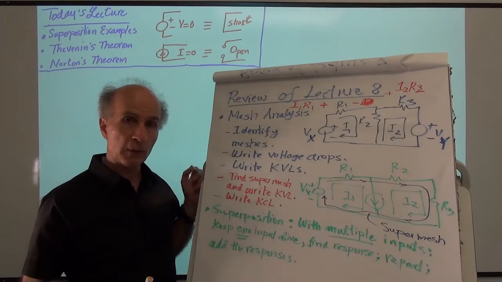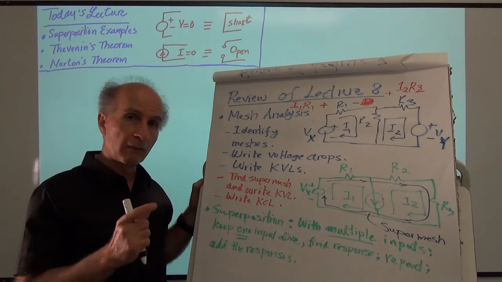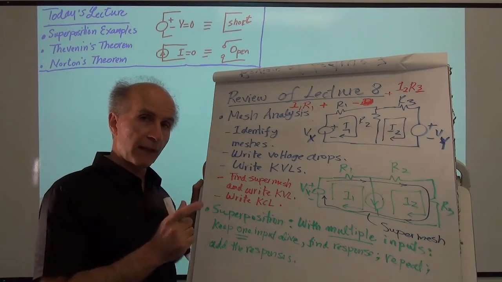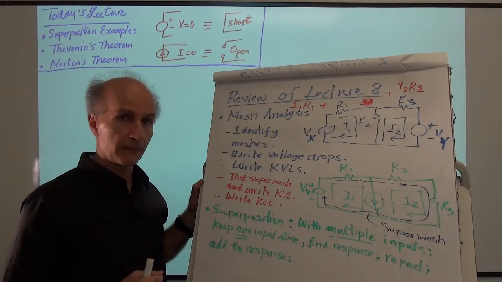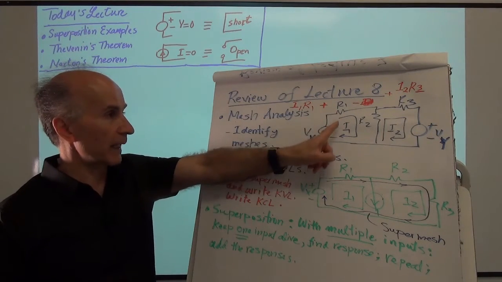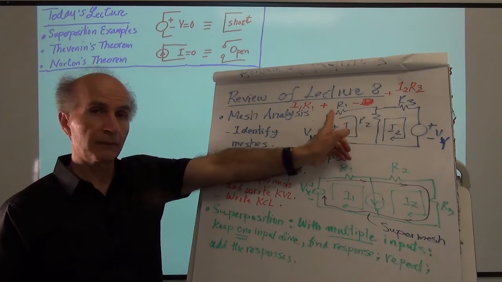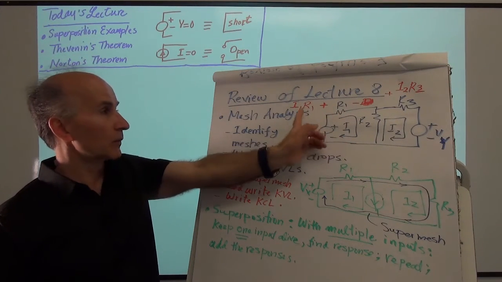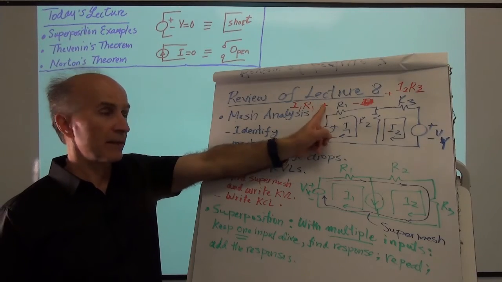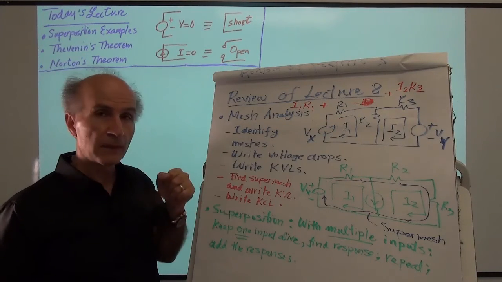In the next step, we go ahead and write the voltage drop across every element in terms of the currents that we have assigned. So for example, R1 carries a current of I1 from left to right, thereby sustaining a voltage equal to I1 R1 with positive here, negative here.